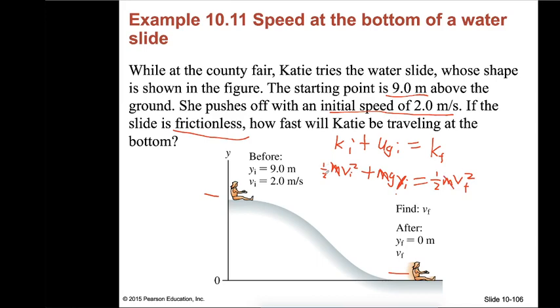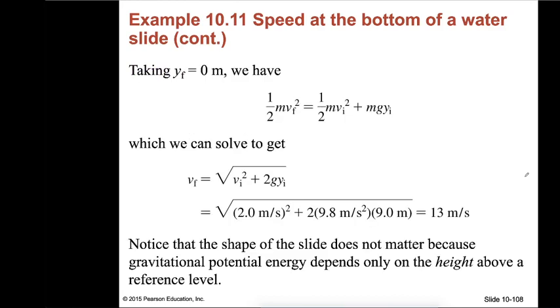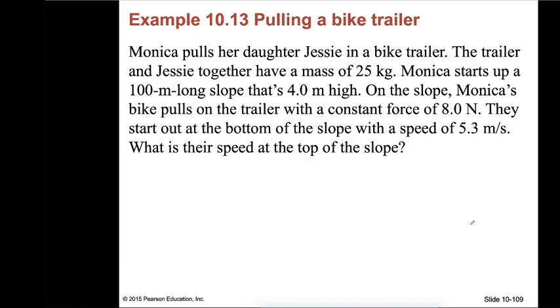So finally it becomes 1/2 v initial squared plus g y initial equals 1/2 v final squared. You know v initial, you know g, you know y initial. The only number you don't know is v final, so you can calculate it using this equation. So it equals the square root of this term. Take the numbers in, you get the answer, which is 13 meters per second.